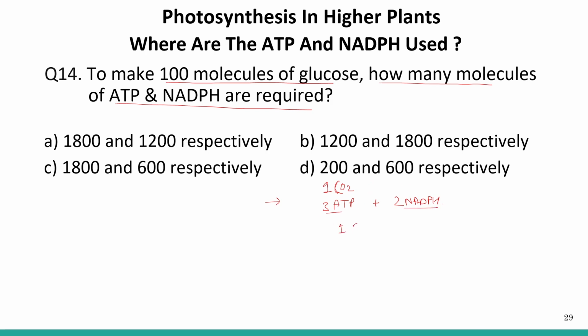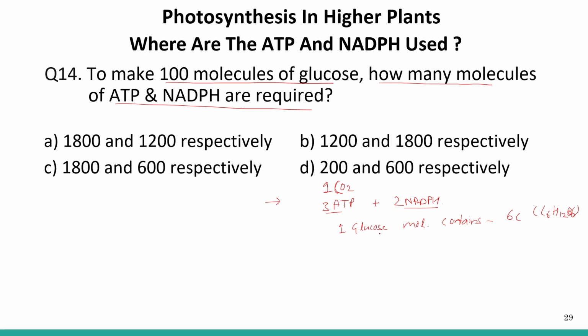Now here we have 100 molecules of glucose. 1 glucose molecule contains how many carbons? It contains 6 carbons, because the formula is C6H12O6.